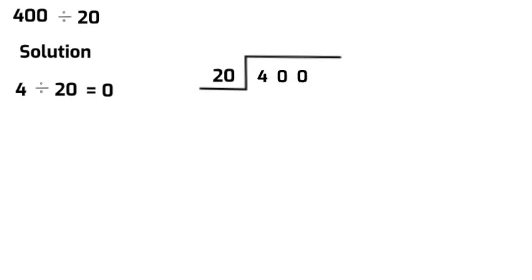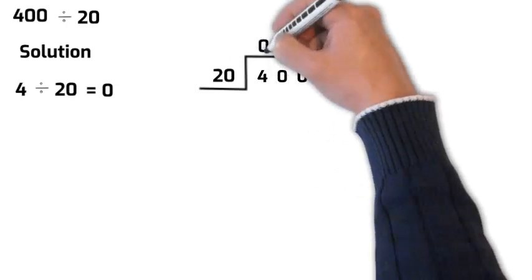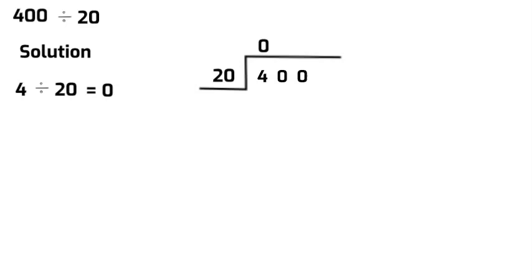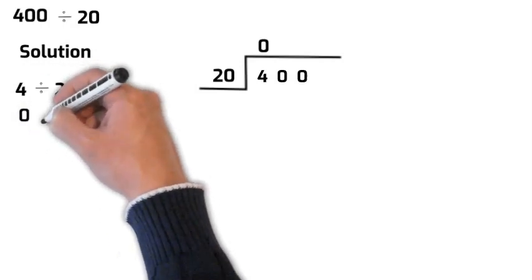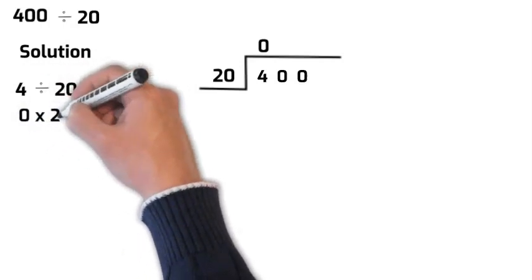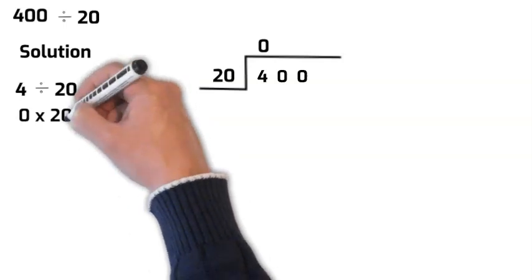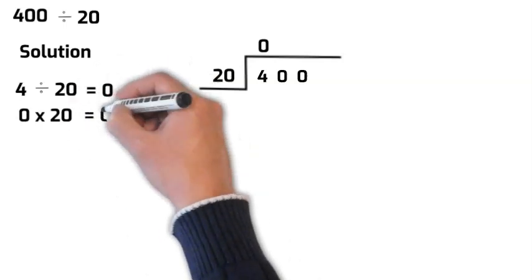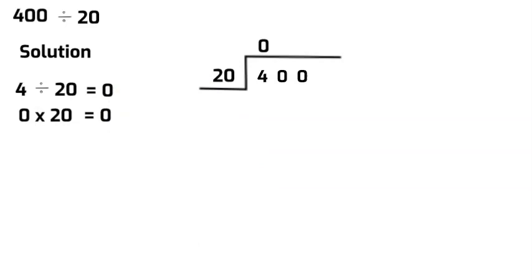We go to our quotient space above the first digit of our dividend and write down 0. Next, we multiply the 0 we just wrote down by 20. So we say 0 times 20. 0 times 20 gives us 0.